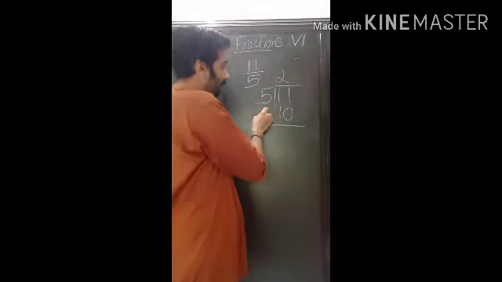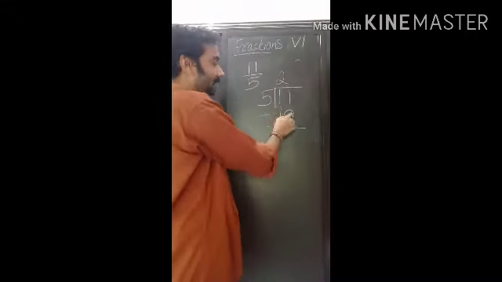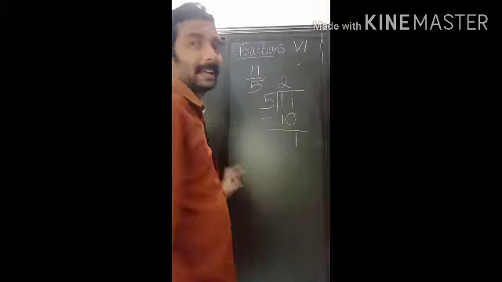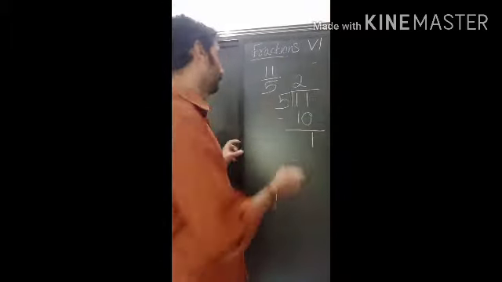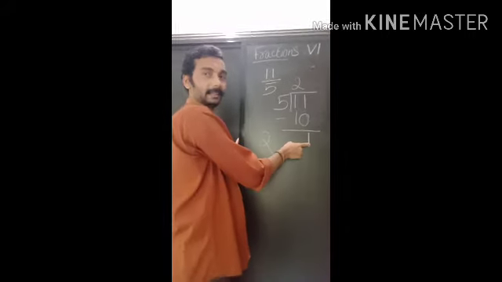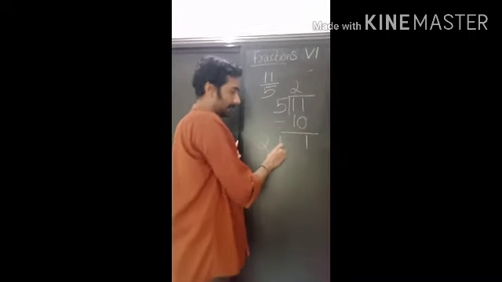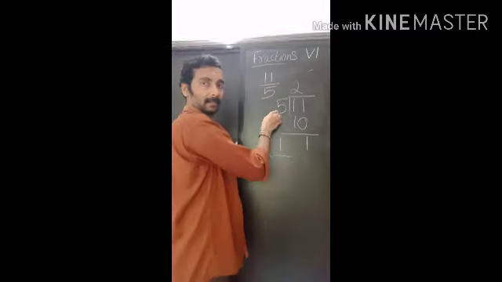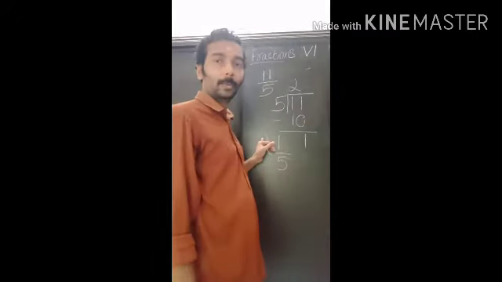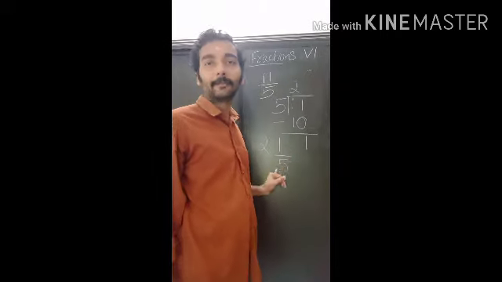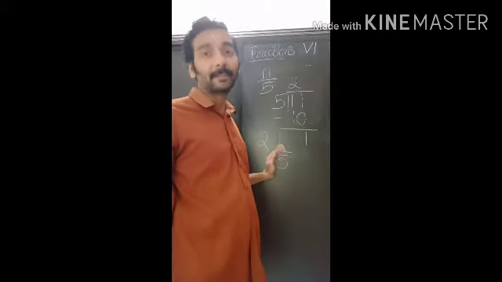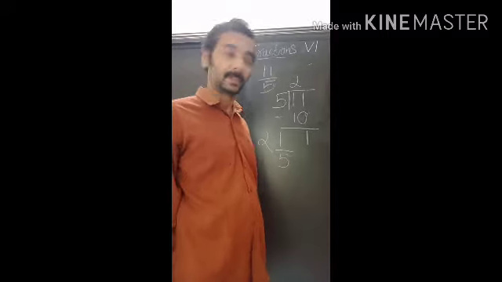Then subtraction: 1 minus 0 is 1, 1 minus 1 is 0. No problem. First we write 2, then 1 upon 5. That is 2, 1 by 5. Clear? This is the mixed fraction.